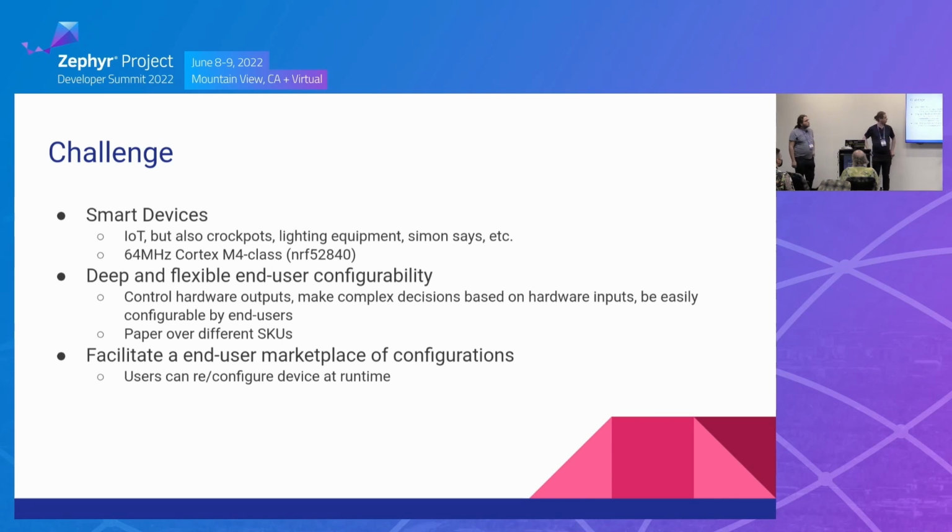So the challenge that we've run into is there are many devices that have very different use cases, and very different people want very different things out of them. Configuring all that can be a challenge. The specific thing we've run into was a motor controller.